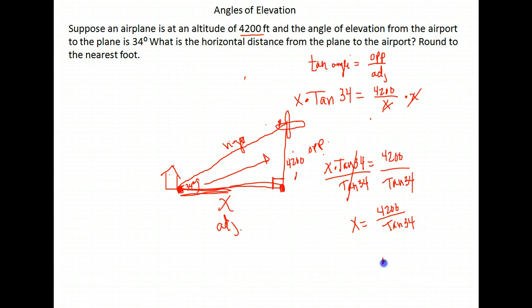But what you should get here is that x is equal to 6,226.75. It wanted it to the nearest foot. The nearest foot would be 6,227 feet. That is the horizontal distance from the airport to the airplane.